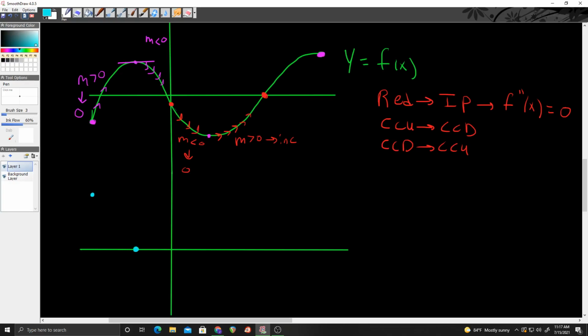So this will be where the slope is a minimum. It's where the slope is steepest in the negative direction before the slope starts to increase, starts to tend towards zero. And so what we wind up with here is a graph that looks kind of like this.